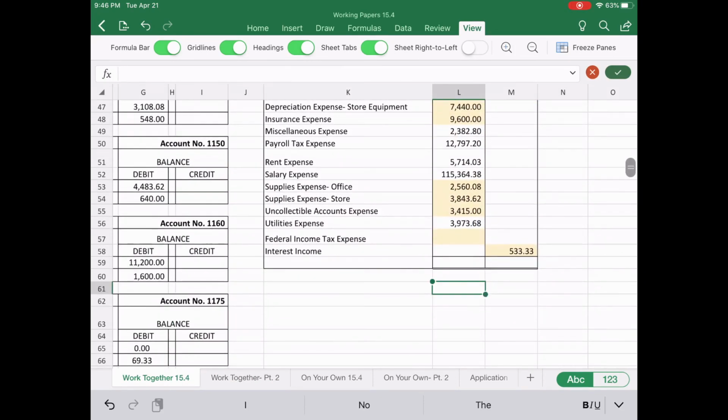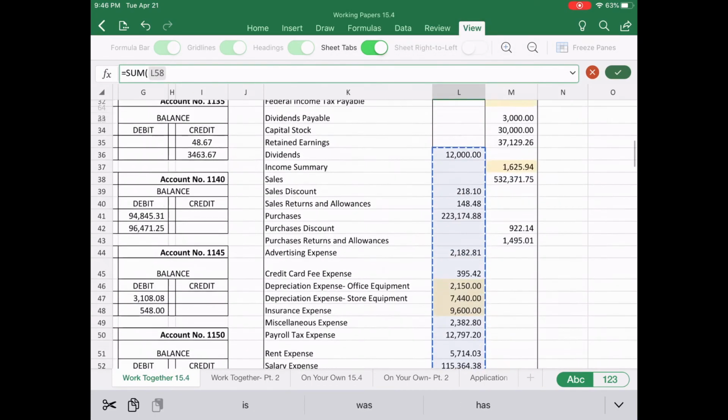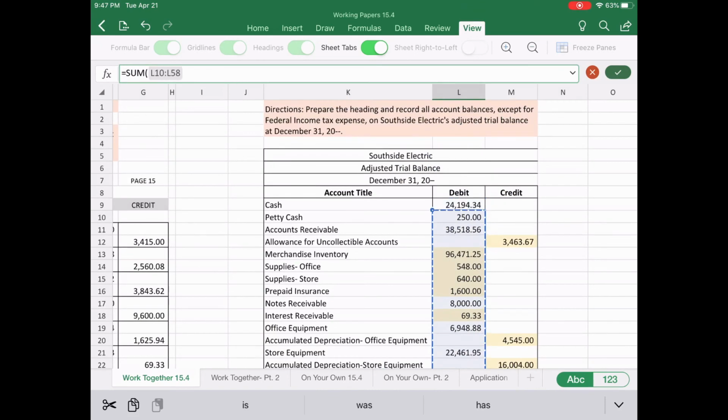To figure out how much we have to pay in federal income tax payable, we've got to figure out the difference from the first of the month till now. So what we do is we just sum up each of these columns the way that they are right now.